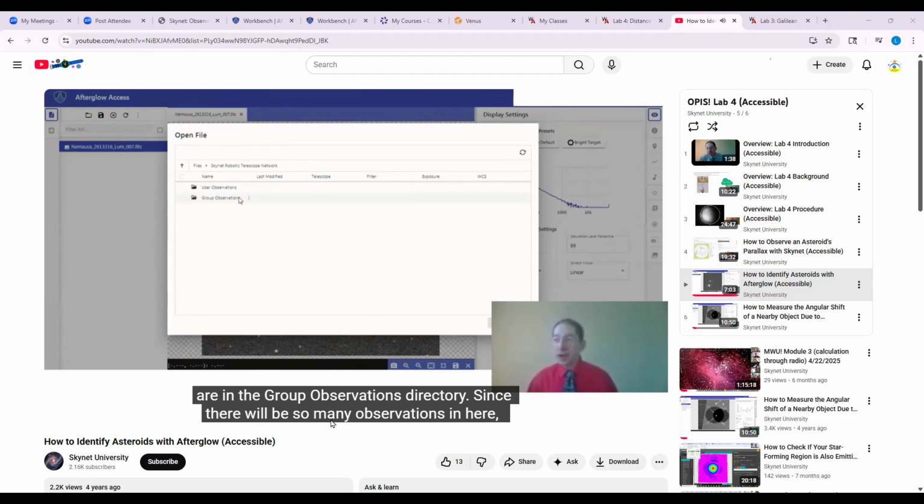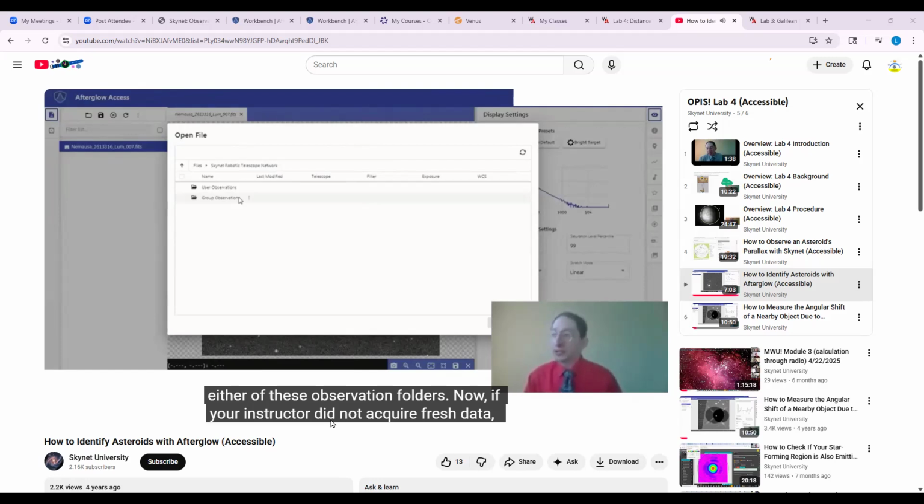Since there will be so many observations in here, your instructor will let you know which folders correspond to the observations of this asteroid. For the purposes of this exercise, identifying the asteroid, you only need to open one image from either of these observation folders.